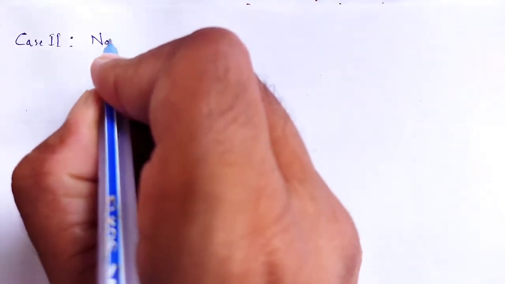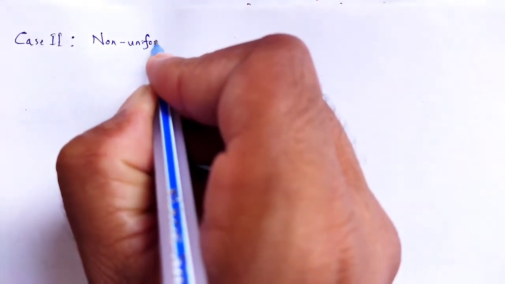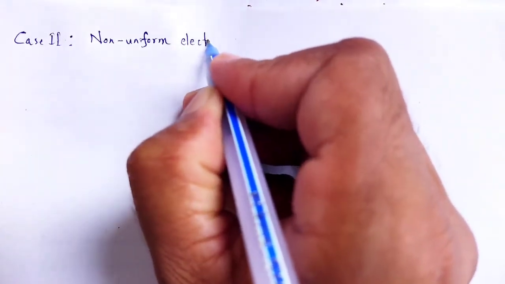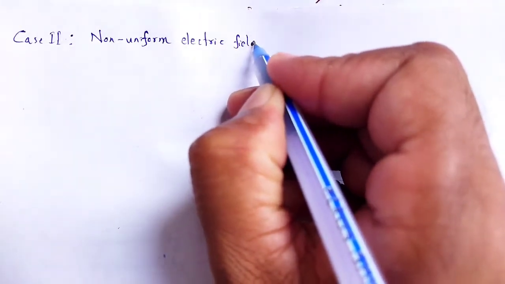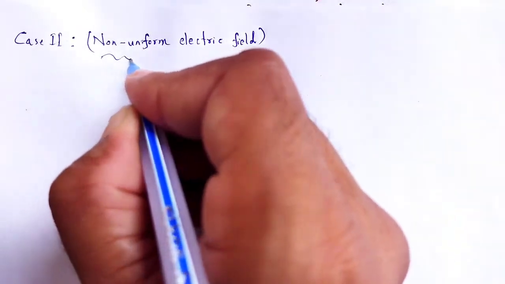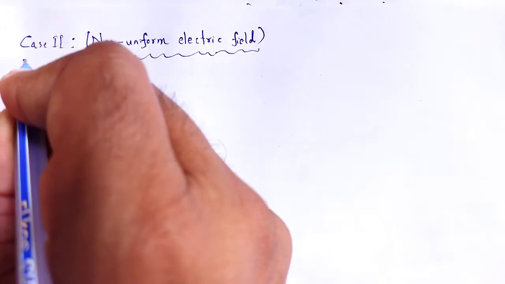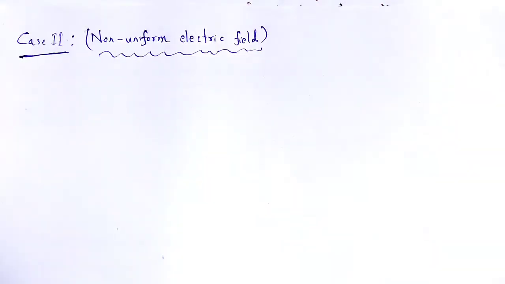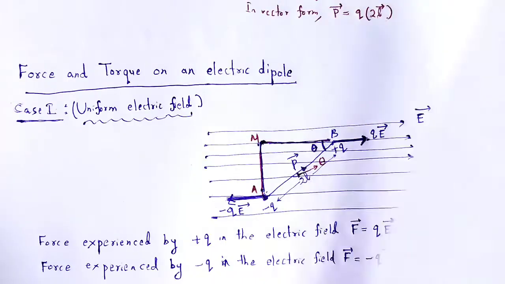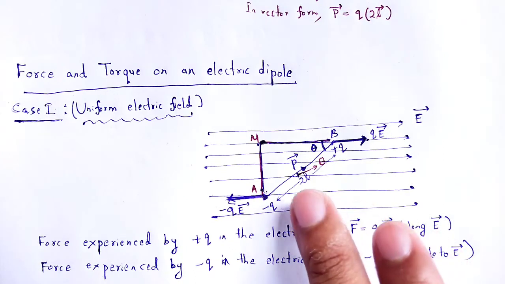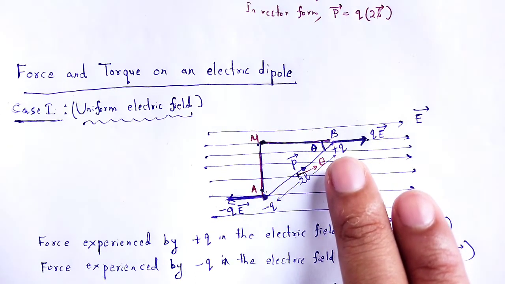Case 2: non-uniform electric field. When an electric dipole is placed in a non-uniform electric field, then what happens?